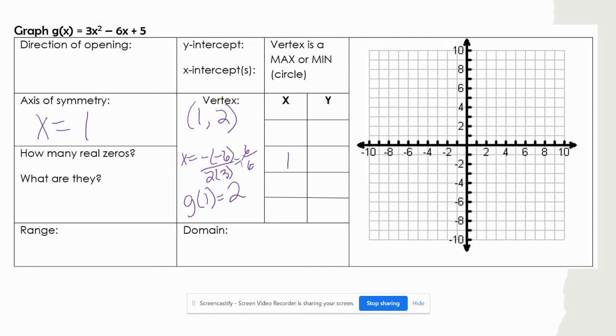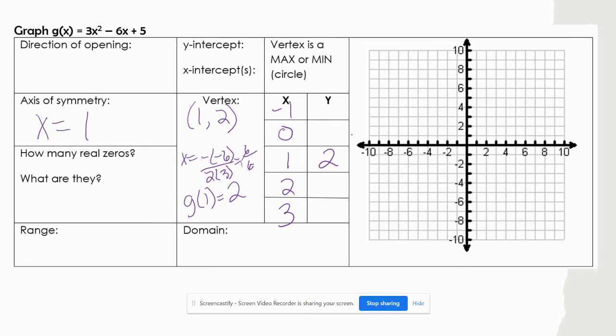That means 1, 2 is going to be the middle of my xy table. So then I'll go 0, -1, 2, and 3. And remember, you only need to do either the 2 and the 3 or the 0 and the -1 because our parabola values repeat on either side of the vertex.